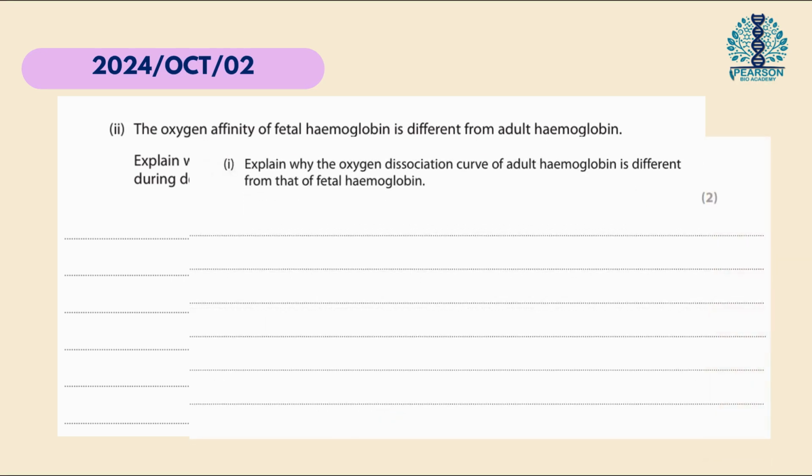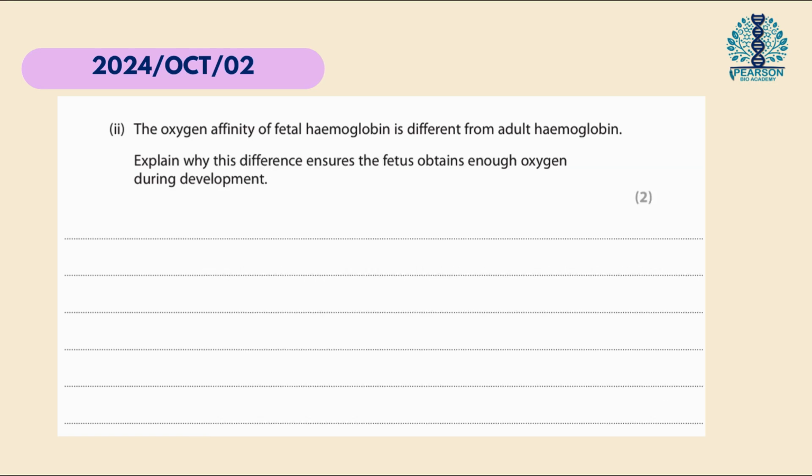Compare this question with the one we discussed previously. Previously, they asked you to explain why the oxygen dissociation curves are different. And this time they've taken the same concept one step further. They are asking how that difference helps the fetus obtain enough oxygen.